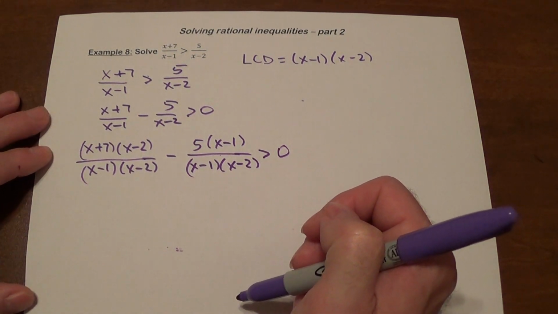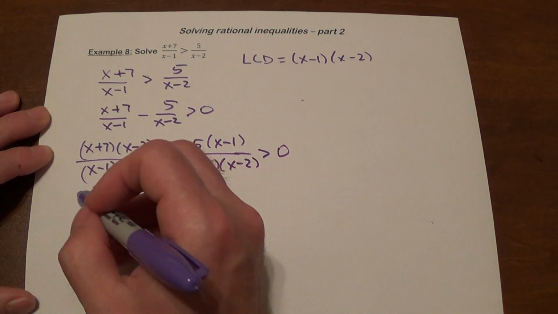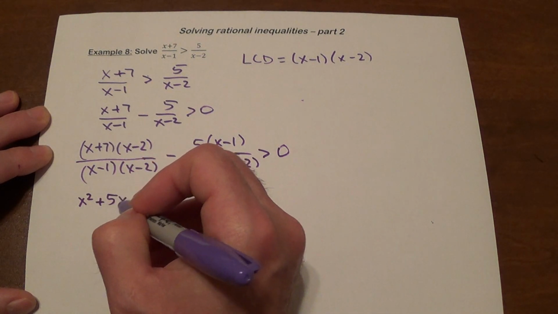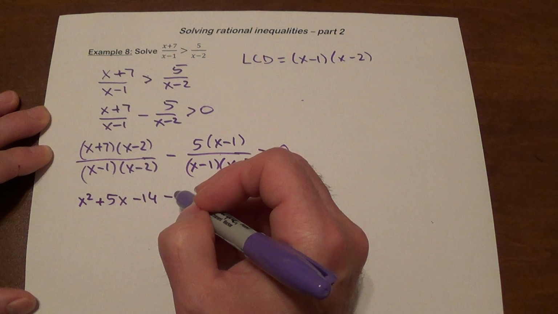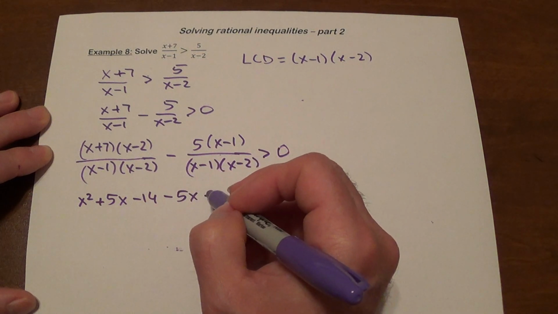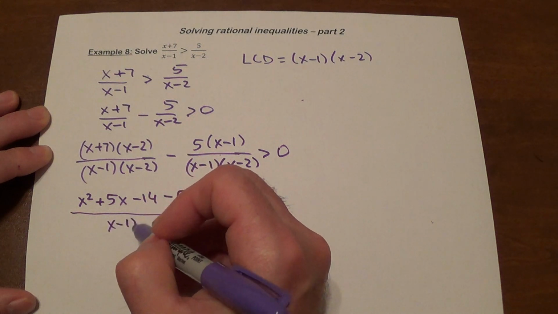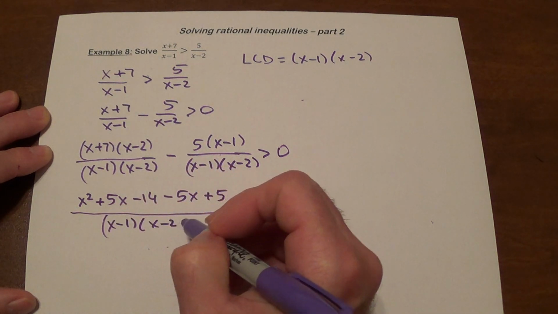Let me work it out since I have more space here. So what are we getting here? This is going to be x squared plus 5x minus 14. This one's going to be minus 5x plus 5, all over x minus 1 times x minus 2.